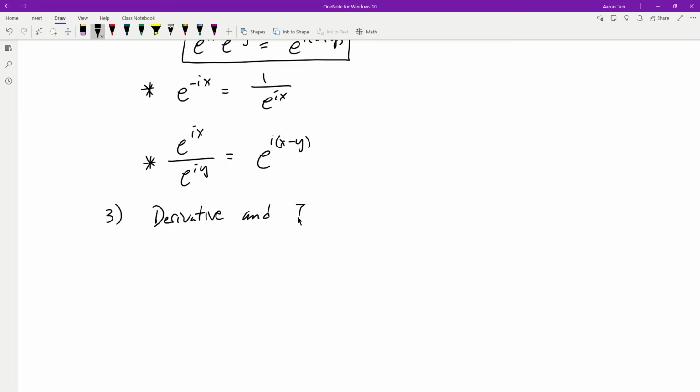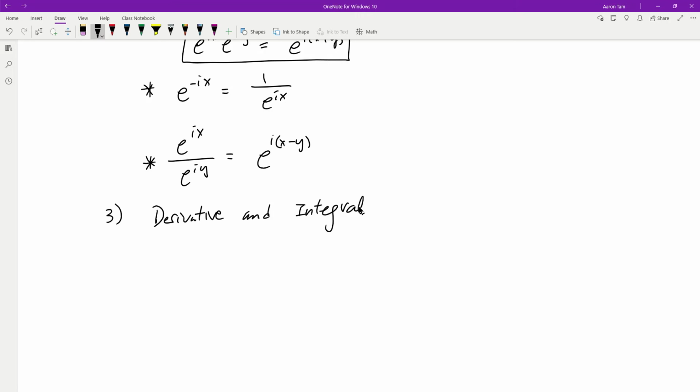Well, because the idea here is that we want to use complex exponential functions to represent solutions to a differential equation that has complex roots, the complex characteristic roots.